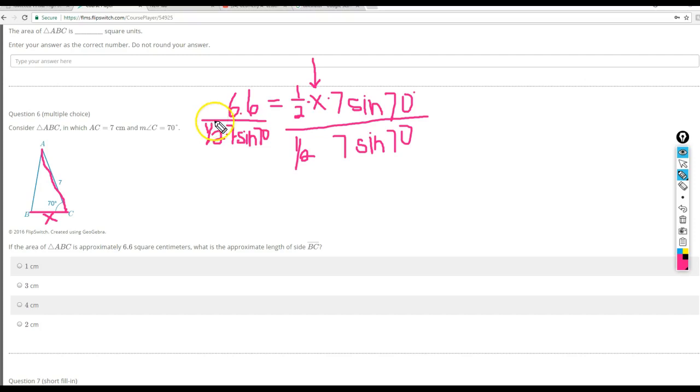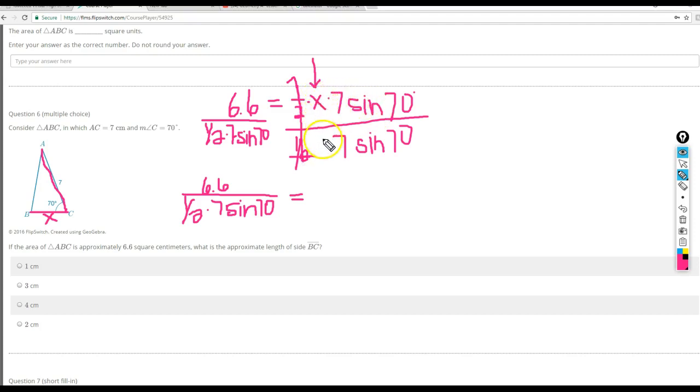Okay, 6.6 divided by 1/2 times 7 times sine of 70. And so that's going to equal: 1/2 divided by 1/2 reduces down to a form of 1.